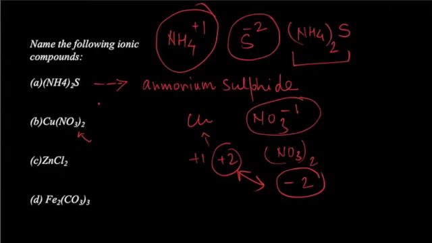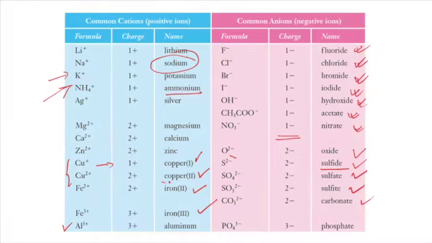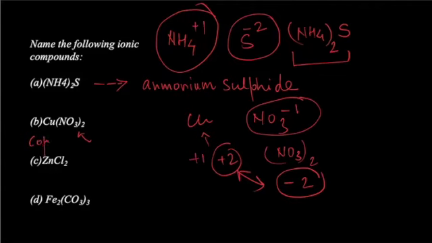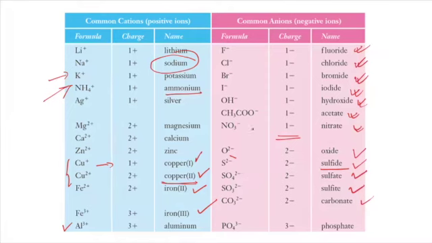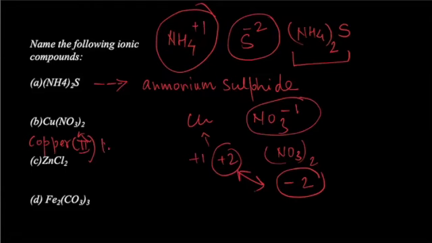So we start naming by cation. So we look at the copper 2 first. Okay? So my name here is going to be copper in the bracket Roman 2. Fine? And NO3 is called nitrate. So we write copper(II) nitrate. That's the name, Cu(NO3)2. Okay?